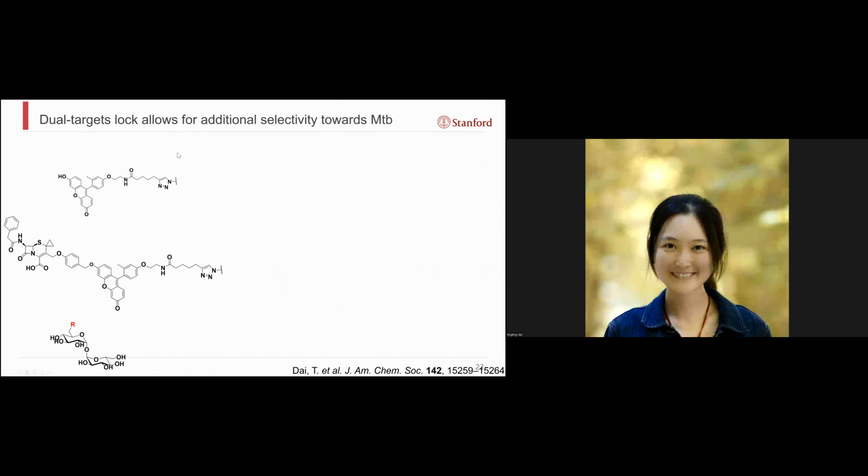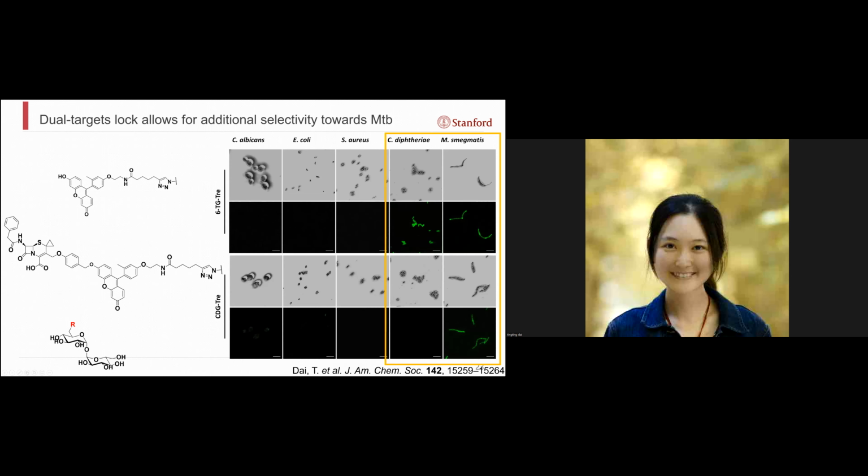So further, with that understanding, we attached the cephalosporin structure onto the dye and also onto the sugar, and then compared this molecule with the one without the beta-lactamase recognition moiety. In this case, similarly, we incubated both of the probes with a variety of bacteria species.